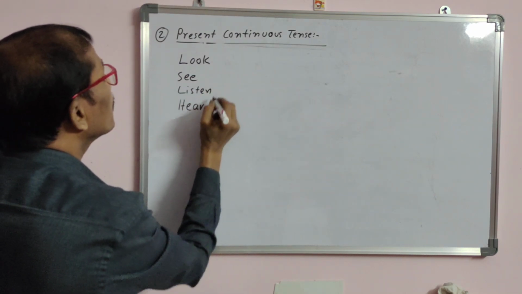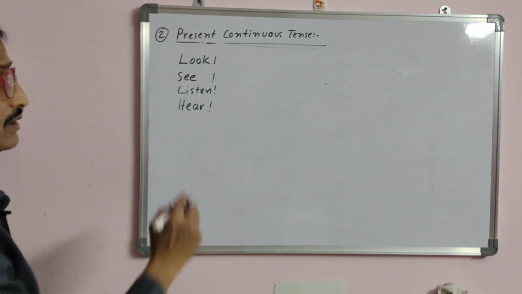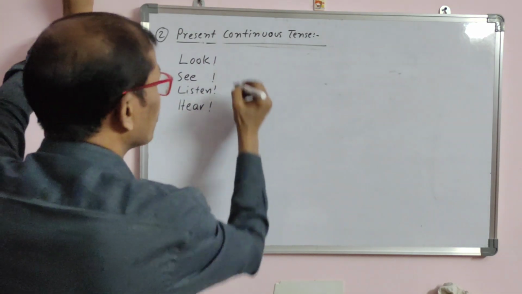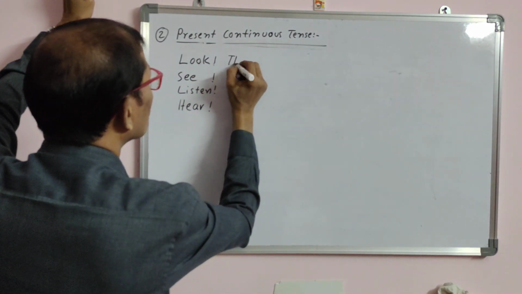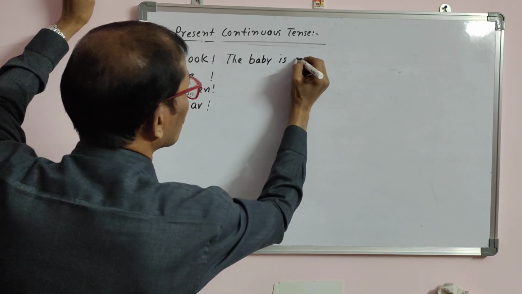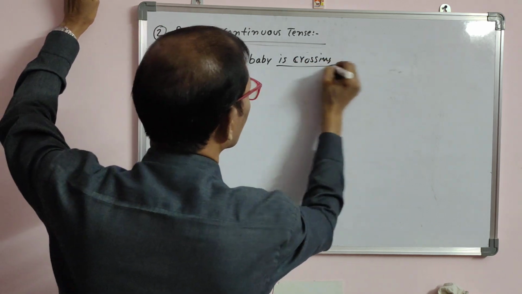If you see these beginnings in a sentence, the next verb will be in present continuous. Look, the baby is crossing the road.